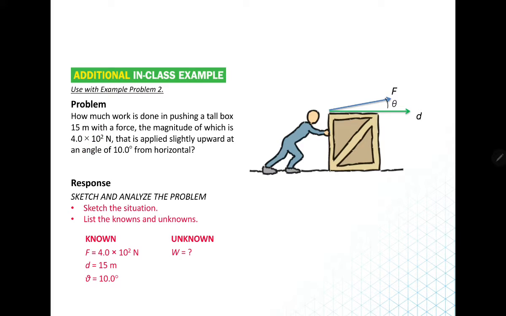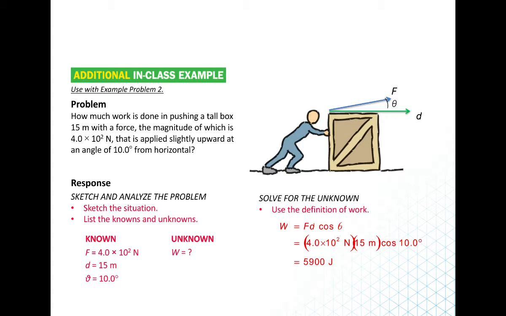D, we have it in the question, which is 15 meter. We can write it with the unknown. And theta is equal to 10 degree. And we need to calculate the work.